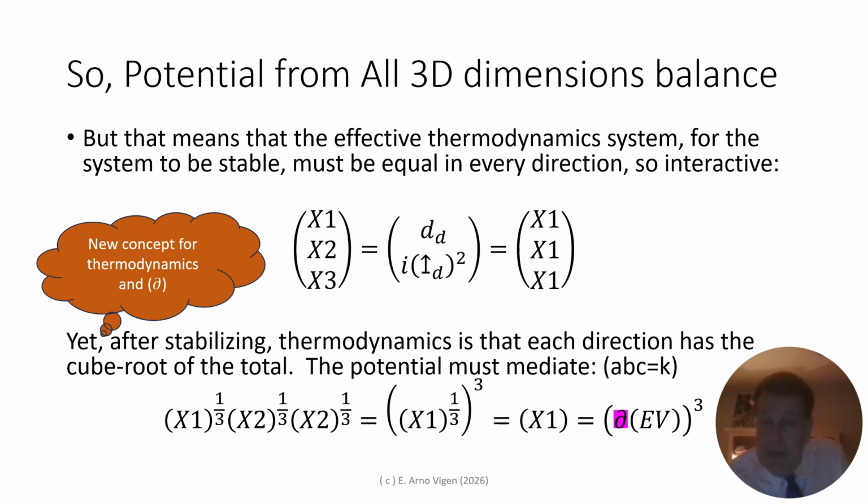So that's really 3D, but it's 2 degrees of freedom, and the second one being squared. So in reality, all directions balance. Now, this only happens after stabilization in certain types of systems, which we'll explain.